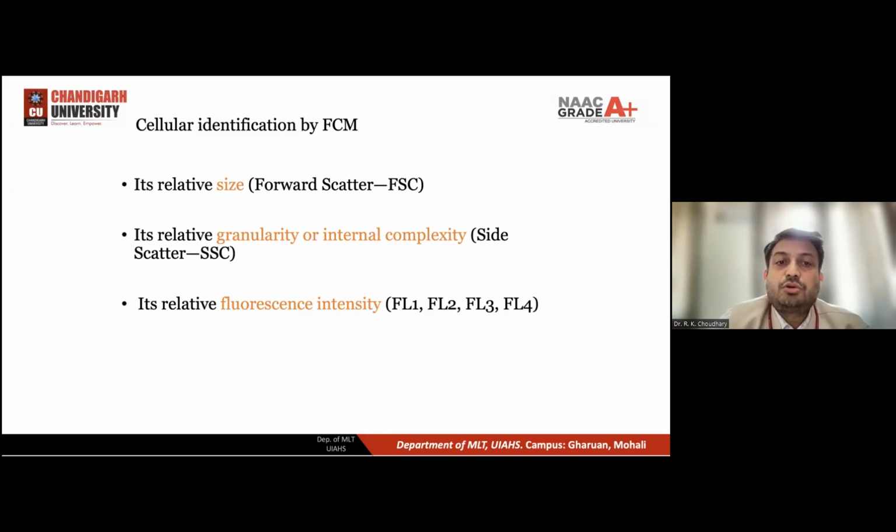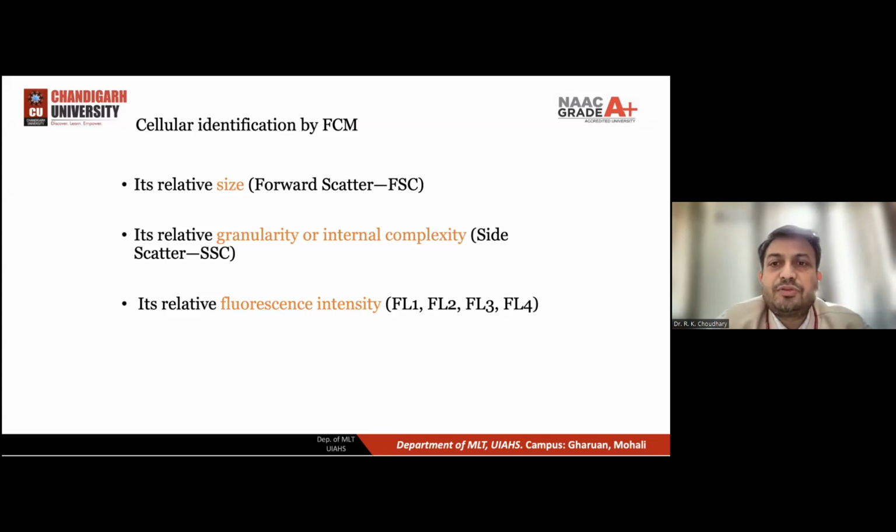Third one: the first and second work in the latest hemocytometer also, no doubt. The third one is found only in flow cytometry: its relative fluorescence intensity, like 1, 2, 3, 4, 5 channels. Nowadays we have 1 channel, 2 channel, 3 channel, 4 channel, so multi-channel flow cytometry.